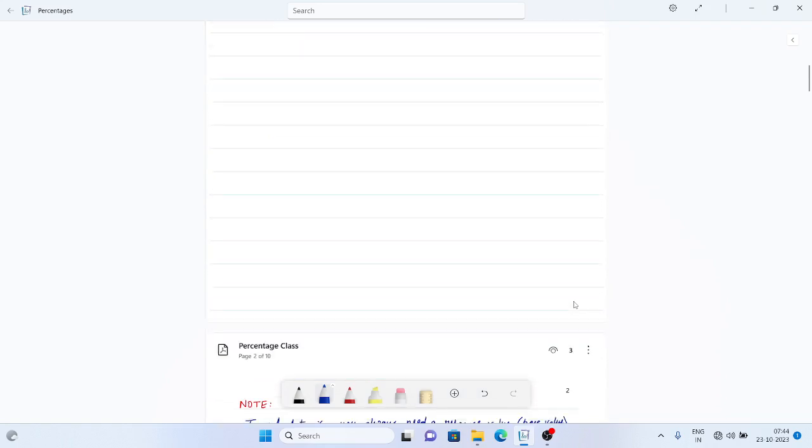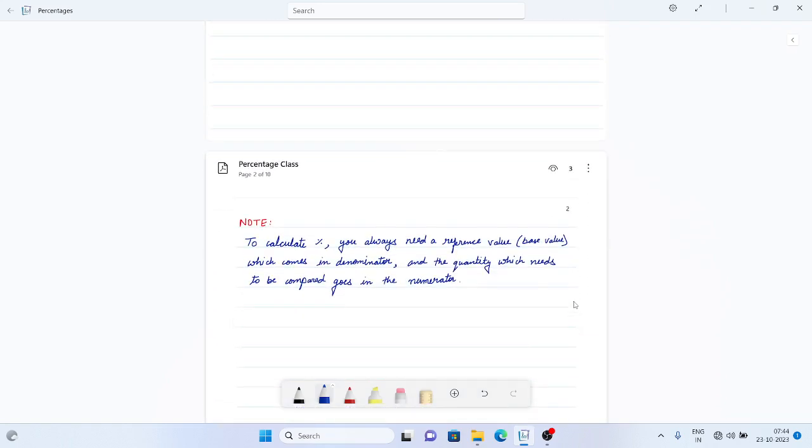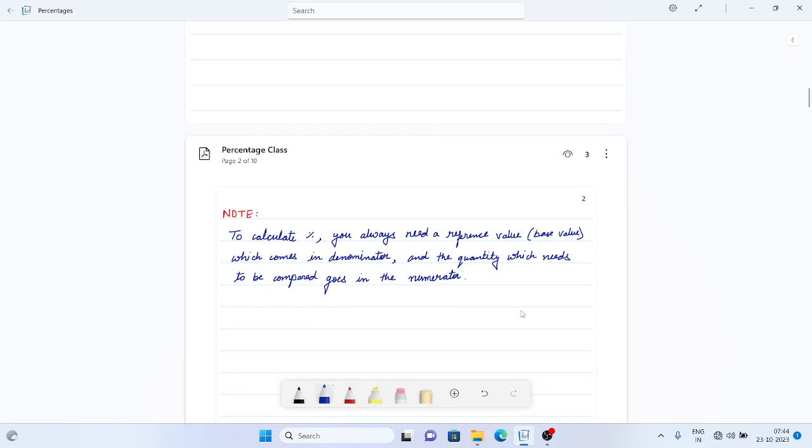Now make one note here: to calculate percent you always need a reference value or base value. Like in the previous question, we took the base value of 80 as the reference value, which comes in the denominator, and the quantity which needs to be compared goes in the numerator.